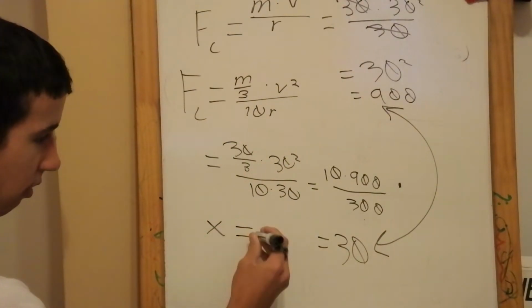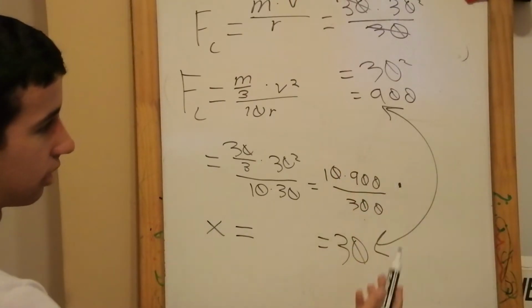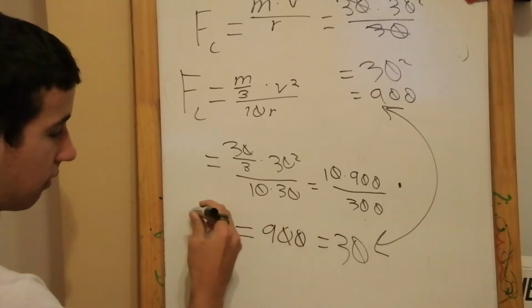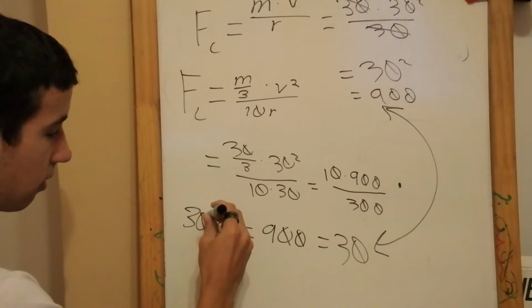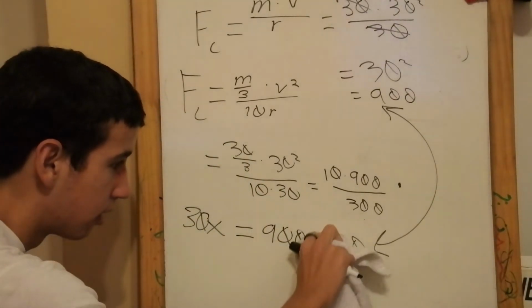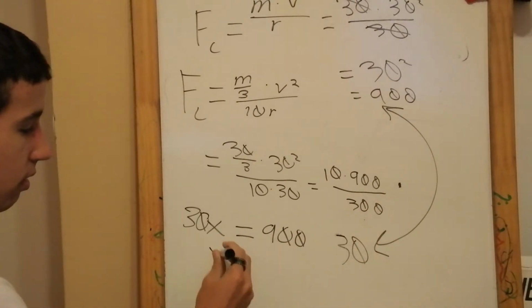So, come down here. X will equal something. In this case, we want to find out how many times does 30 go into 900. So we have 900, 30 over here. And let me erase the equal sign there. To find x, what do we do?